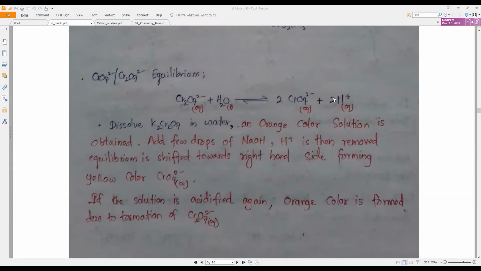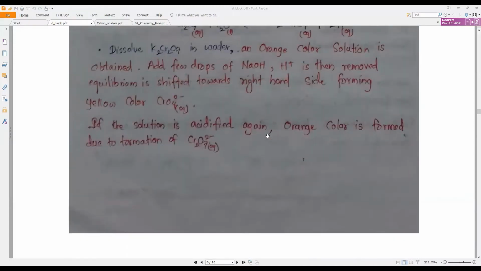When you add OH minus, what is actually happening? H plus is removed, this equilibrium is shifting towards the right hand side, and more CrO4 2 minus is formed. So you can write this equilibrium in this way, or when you have dichromate and you add OH minus, CrO4 2 minus and water are formed. Okay, so this is what actually happens.